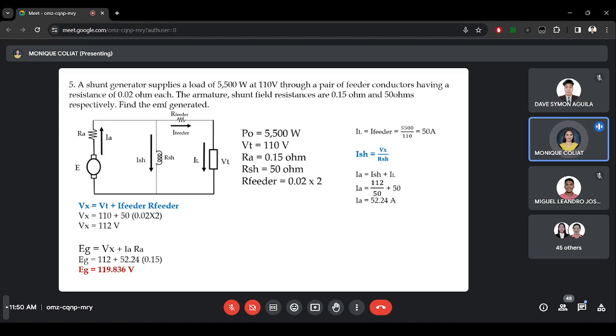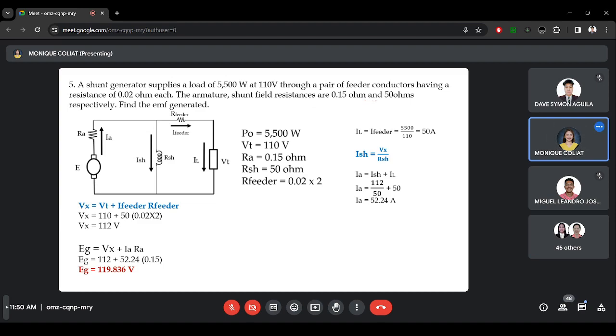So sinabi dito, meron daw pair of feeder conductors having a resistance of 0.02 ohm each. Pag sinabi pong feeder conductors, yan po ay feeder resistance na nakasiris po sa load.